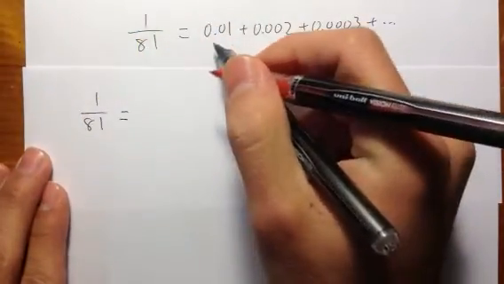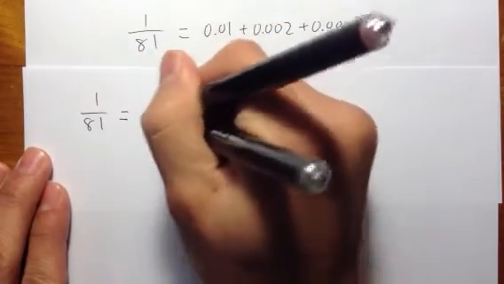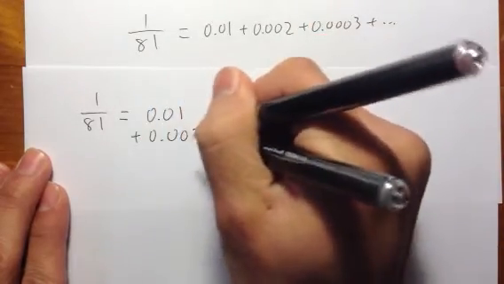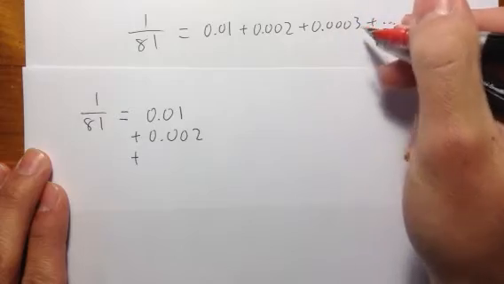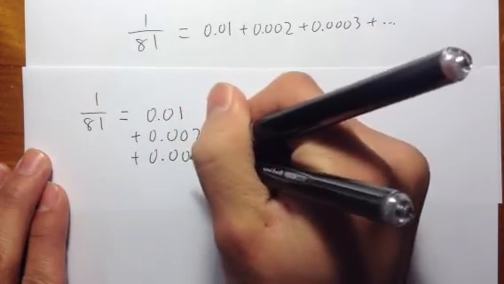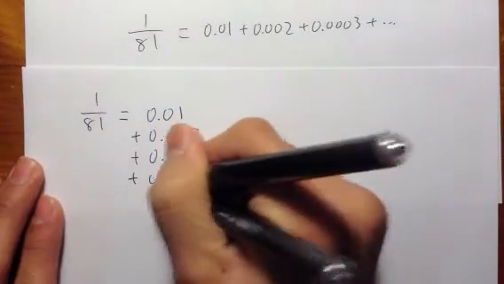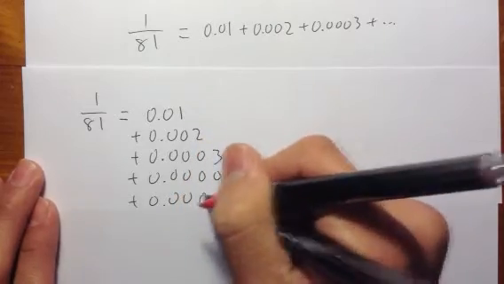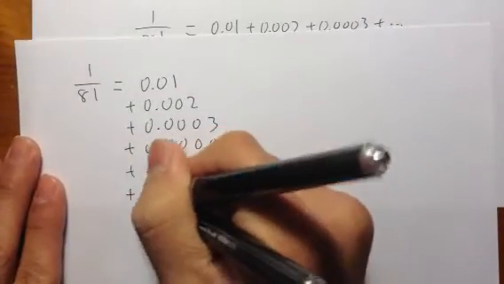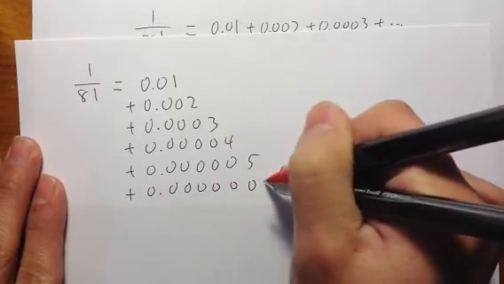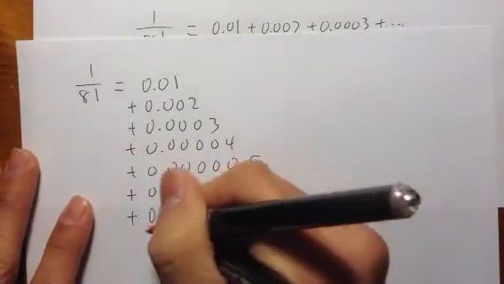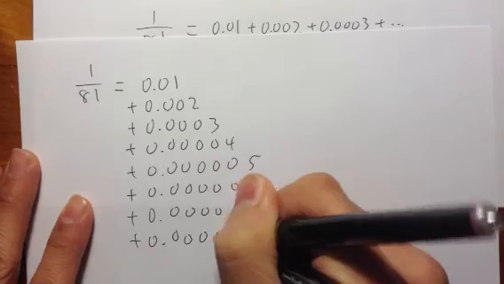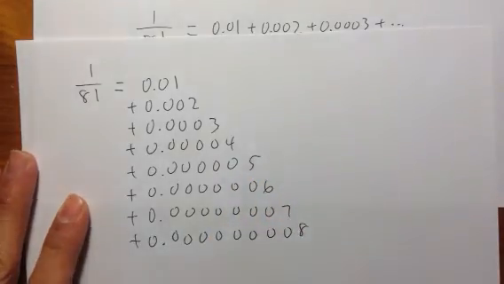It's equal to 0.01 plus 0.002 plus 0.0003, plus 0.00004, plus 0.000005, and then plus 0.0000006, plus 0.00000007, plus 0.000000008, right?